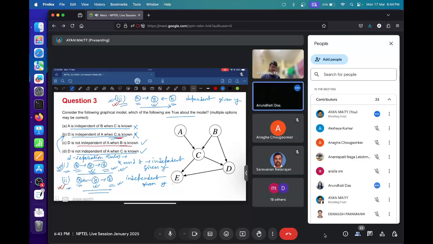Sir, regarding option B and D, suppose in B, D is independent of A when C is known.